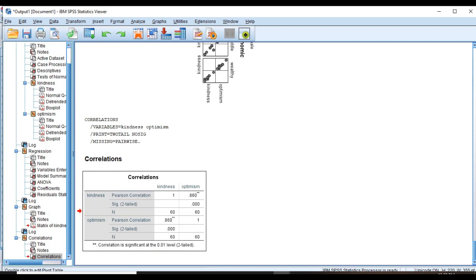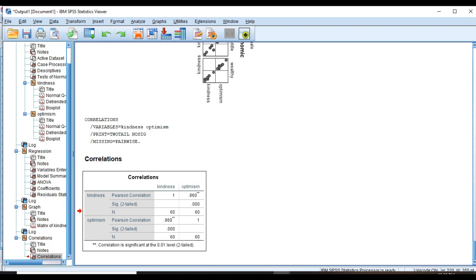In this table, we can see the correlation between the two variables, which is 0.86, which is less than 0.9. So these variables are not multicollinear. But we also want to make sure that they are related at a correlation of greater than 0.2, and so we met both of those assumptions.